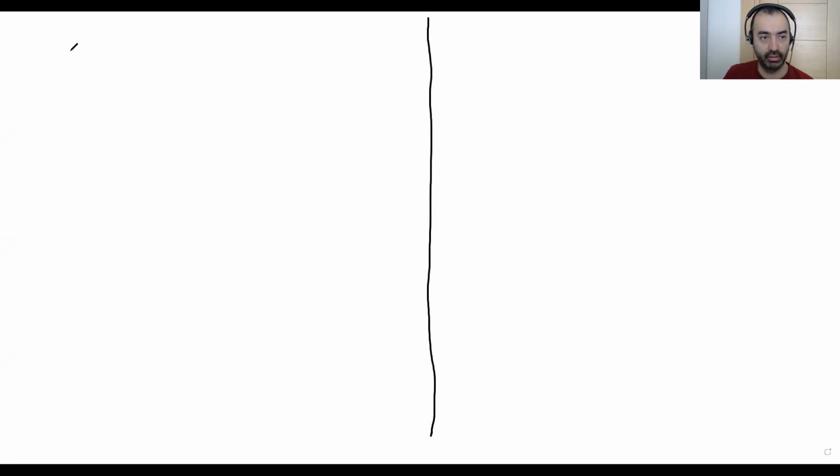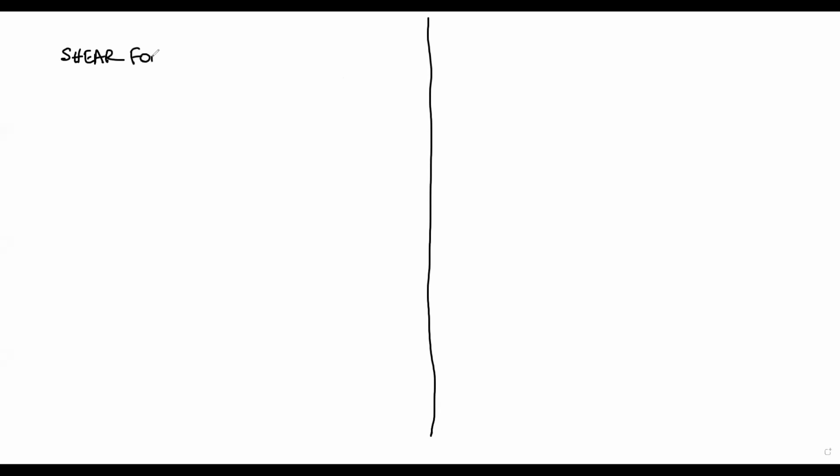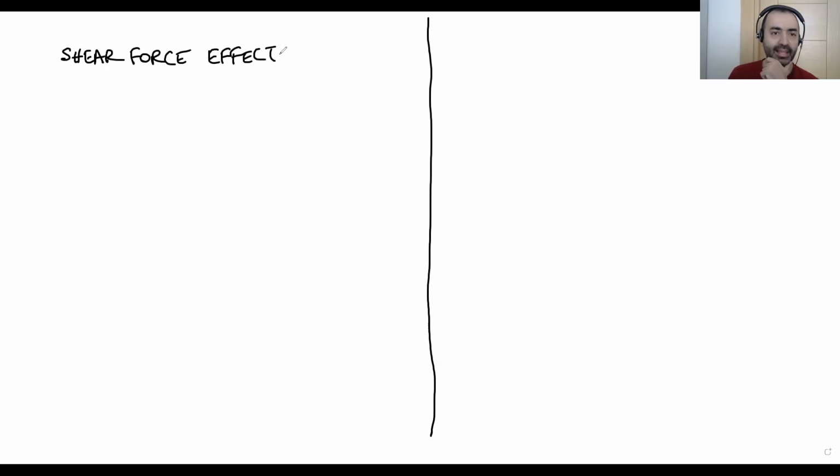Shear force effect. Okay, this is a case. So we are going to check and examine today where there is only shear force on the section.